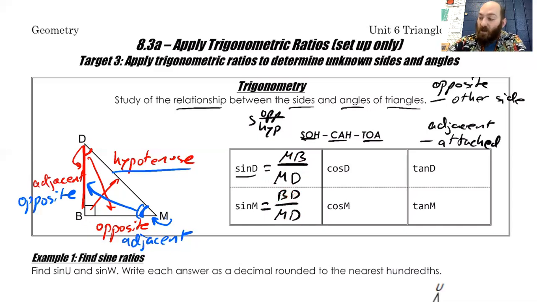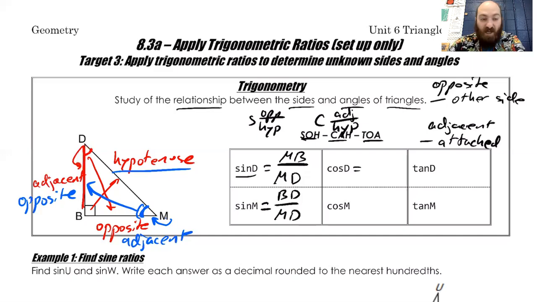I move on to cosine. Cosine is going to be adjacent over hypotenuse. That's what the CAH is for: cosine, adjacent, hypotenuse. It's the adjacent side divided by the hypotenuse. So if I look at cosine of D, D is right here. Adjacent is BD.